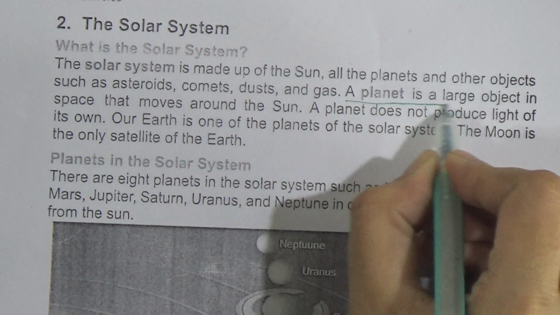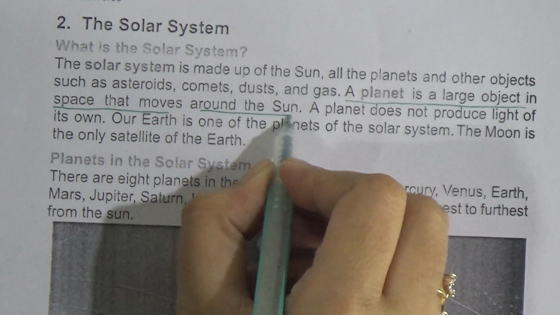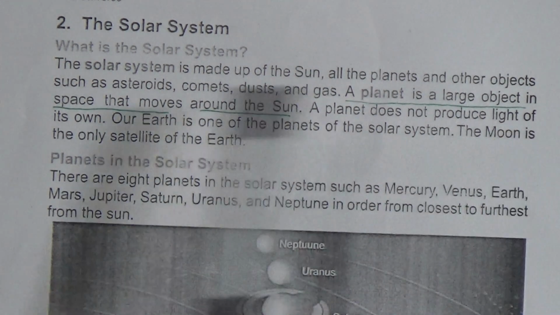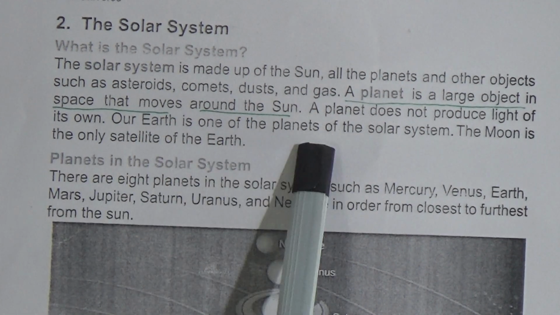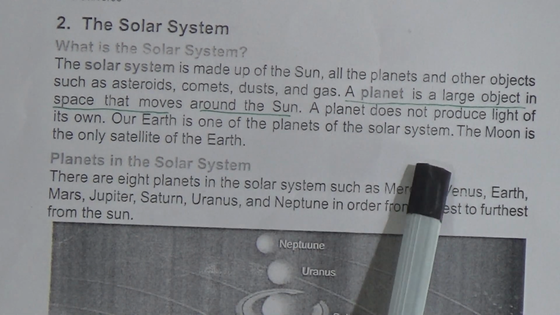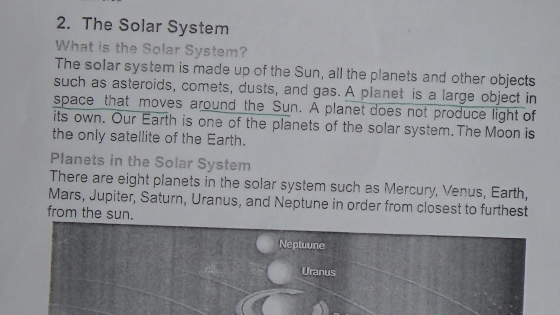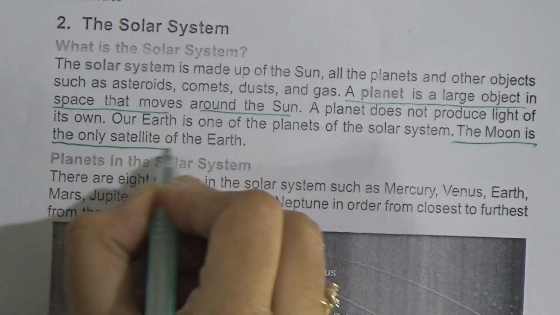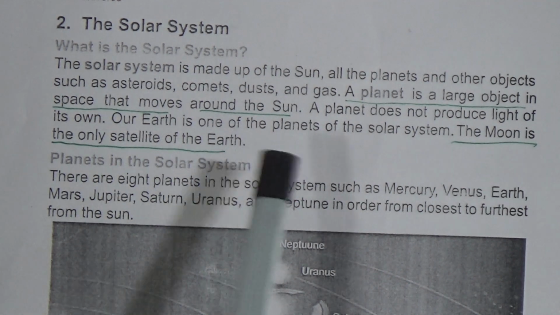A planet does not produce light of its own. Our Earth is one of the planets of the solar system. The moon is the only satellite of the Earth. Underline this line.